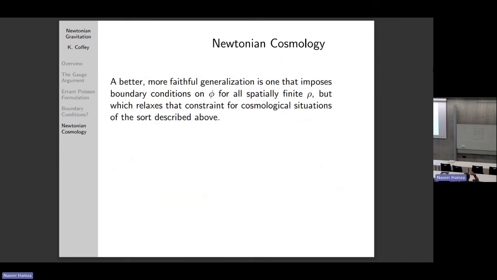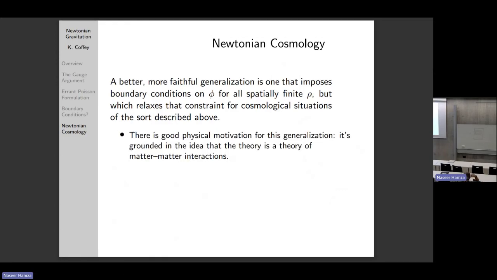I think a better, more faithful generalization is one that imposes boundary conditions on the gravitational potential for a spatially finite realm, but which relaxes that constraint for cosmological situations of the sort described above. I think there's a good physical motivation for thinking of this as the appropriate generalization, namely it's grounded in the idea that this is a theory of matter-matter interactions.